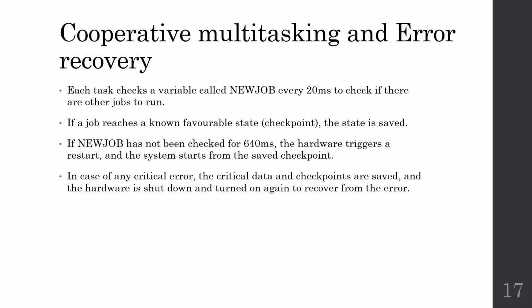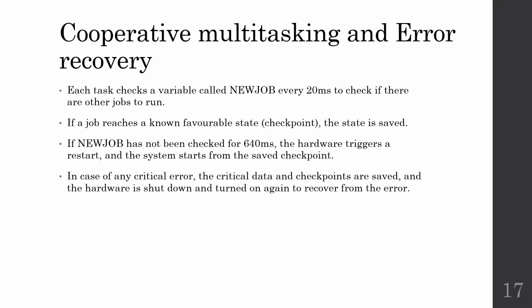As new job is checked every 20 milliseconds, in case a program hangs in the middle or causes some trouble, the new job variable won't be checked and there is an inbuilt condition which says that if new job is not checked for 640 milliseconds, a hardware reset is triggered and the system starts again from the saved checkpoint.